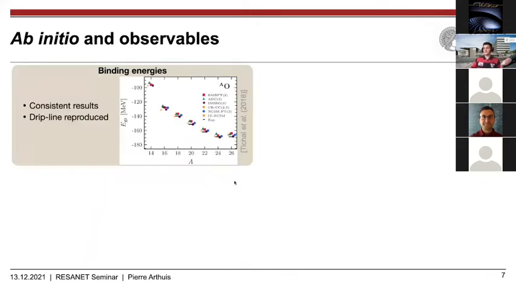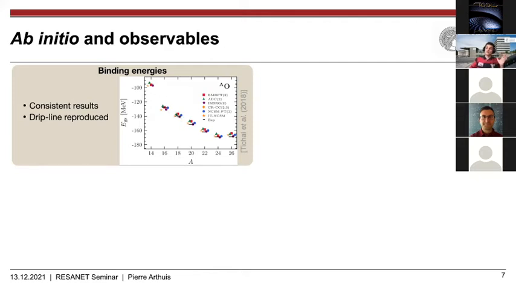So of course, the first obvious quantity to look at is the ground state energy, the binding energy. So here what you have are results for the oxygen isotopic lines for a bunch of different ab initio methods. It's not really important to look at the difference between them, but all those calculations were done with the very same Hamiltonian in the first place, with the same interaction.